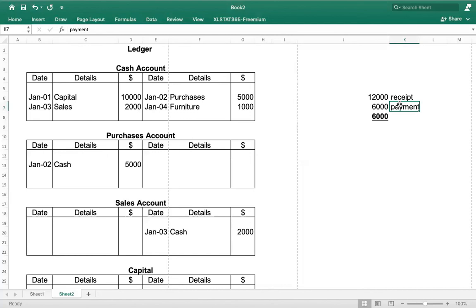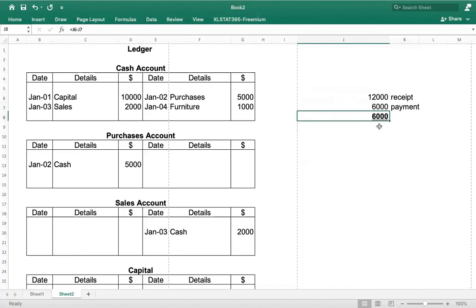Decrease. Decrease in asset, credit. So whatever you write on the credit side is basically payment. Compare receipt with payment and you will get to know the balance figure.